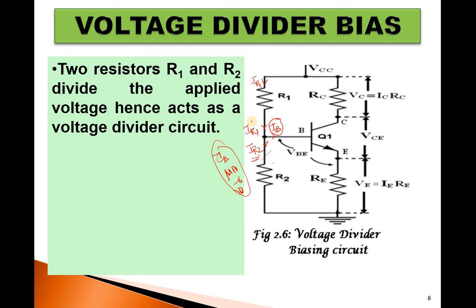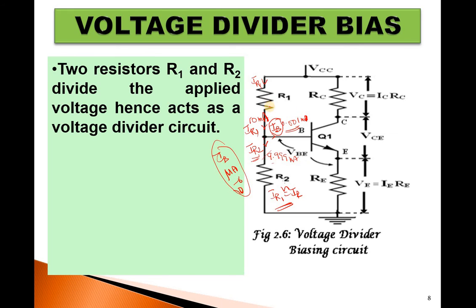Suppose I take this as 10 milliamps, for example. Here I will get 9.999 milliamps, here I will get 0.001 milliamps. So this current can be negligible. I can consider IR1 is approximately equal to IR2.